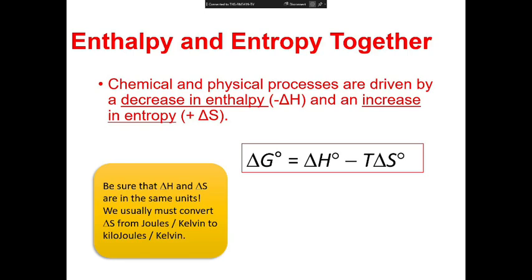So this gets back into focusing on the equation again. The most important thing is really just the sign of your delta G. But what is it that influences the sign of that delta G? These are the two factors we're going to be looking at.